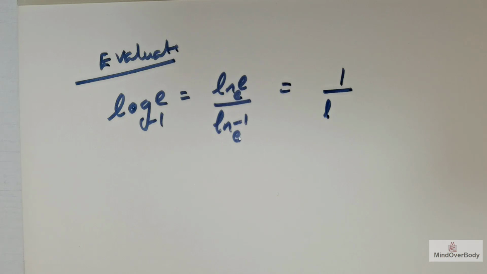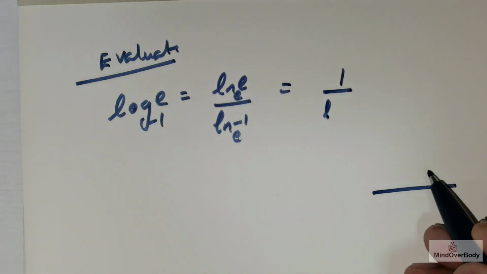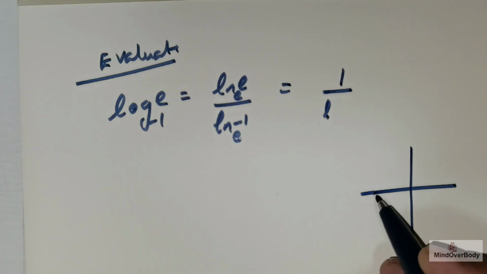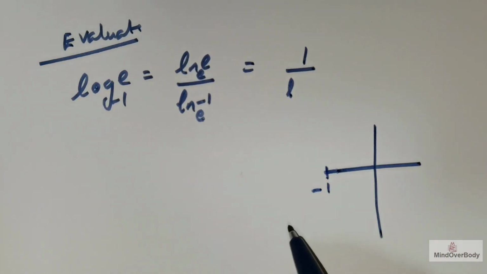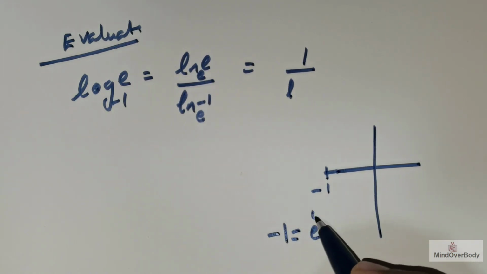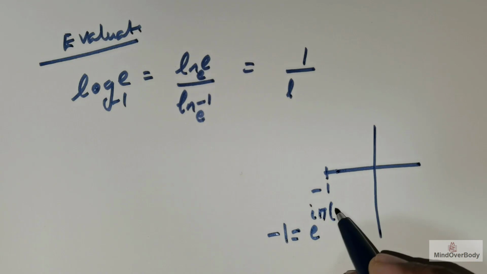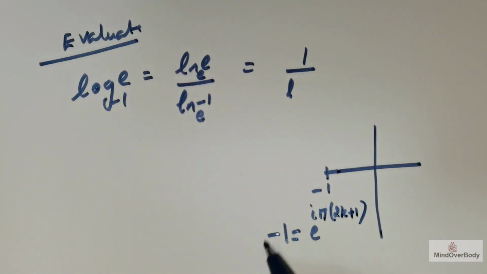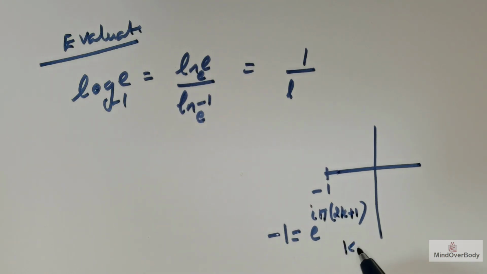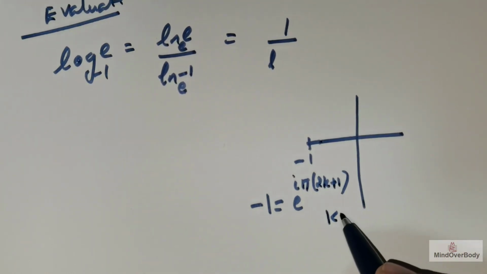So ln of -1. When do we produce ln of -1? We need to have -1. Imagine I'm taking -1 over here. So -1 = e^(iπ(2k+1)). To get this value -1, I have to have k equal to 0.